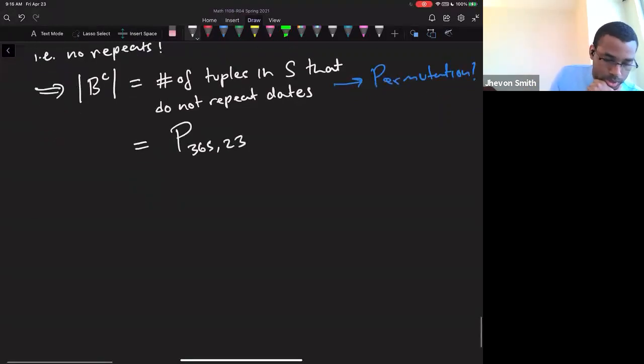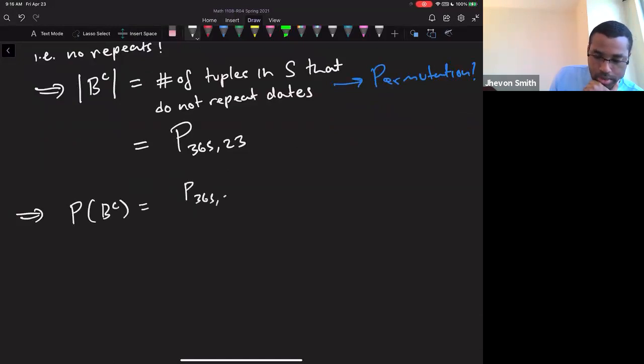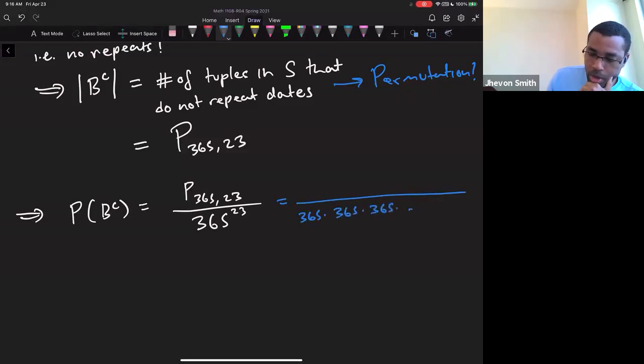So this means the probability of B complement is equal to P of 365, choose 23, over 365 to the 23. And when you write this out, what you'll realize is happening is that you're multiplying a bunch of probabilities where the denominator is 365.